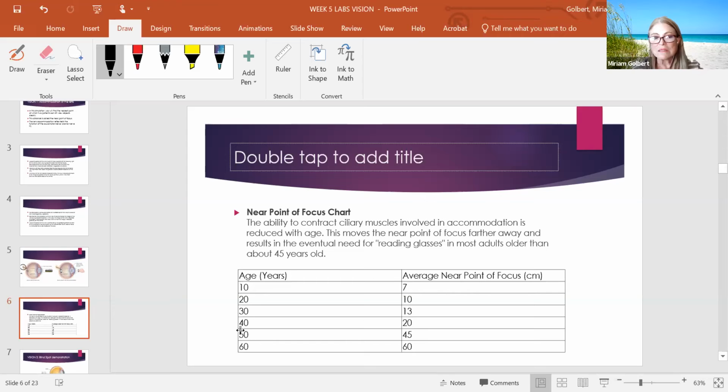So you can see here that when you are in your 20s or your 30s, you're pretty good. This is in centimeters, but by the time you reach 40, 50, or even 60, you know that your arms are not this long anymore, so you can't push things away. So that's when you need your readers.